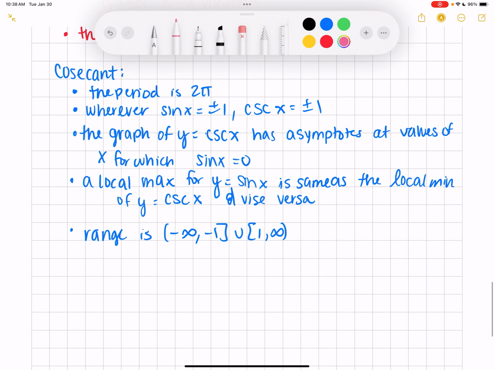And then lastly, we have cotangent. So the period, just like tangent, is pi.